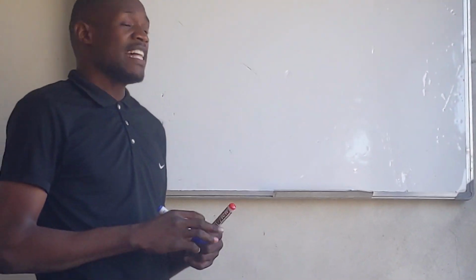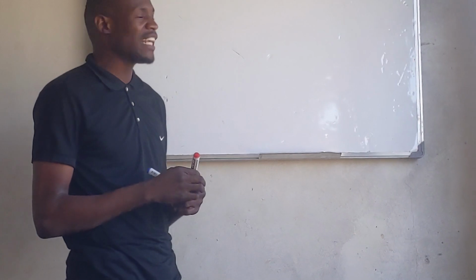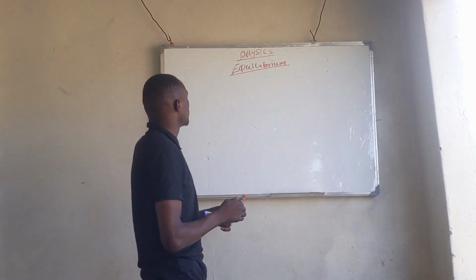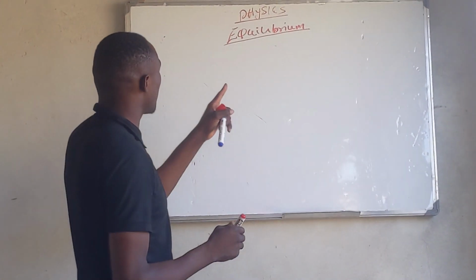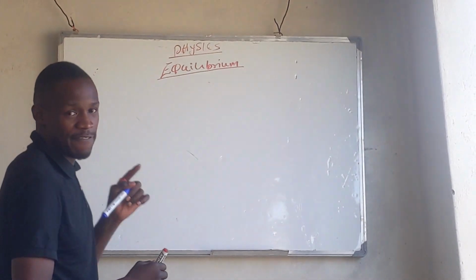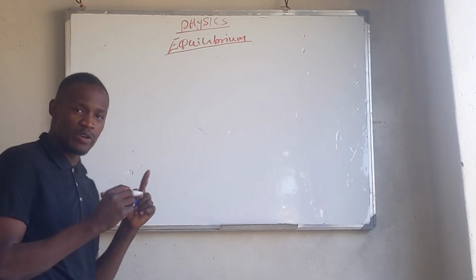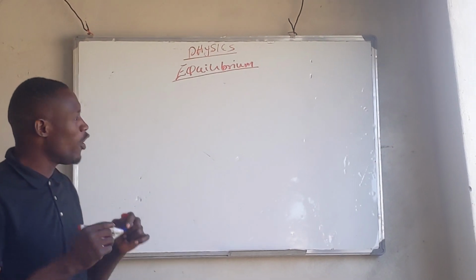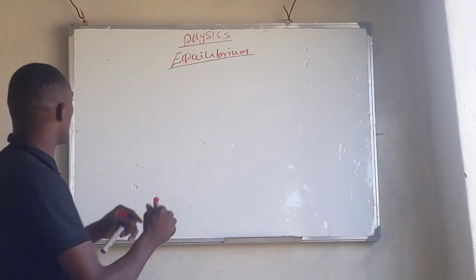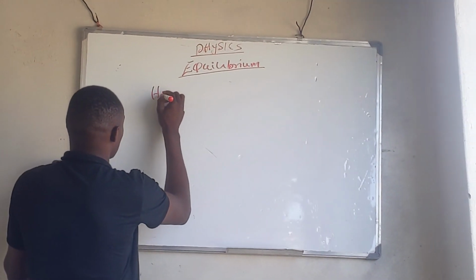In this case, there are a number of situations that we are going to talk about under this topic of physics. The first one, we'll talk about the equilibrium of an object on the horizontal plane.